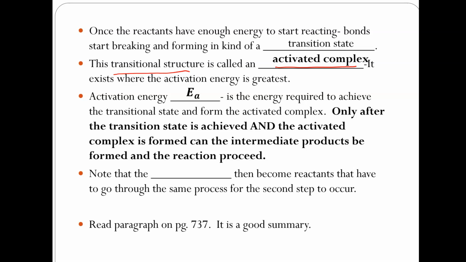And it's only after that transitional state is achieved and that activated complex is formed that the intermediate products can be formed. Okay, the intermediates again become reactants in the next process. Okay, and your book has a really good summary of that on page 737.